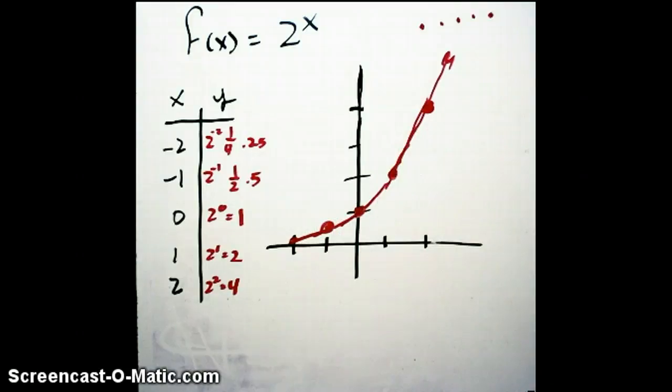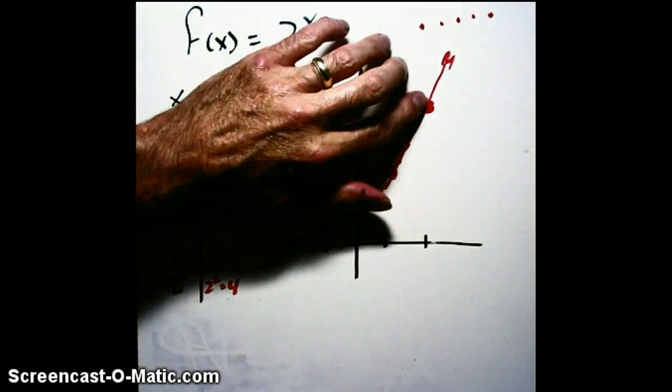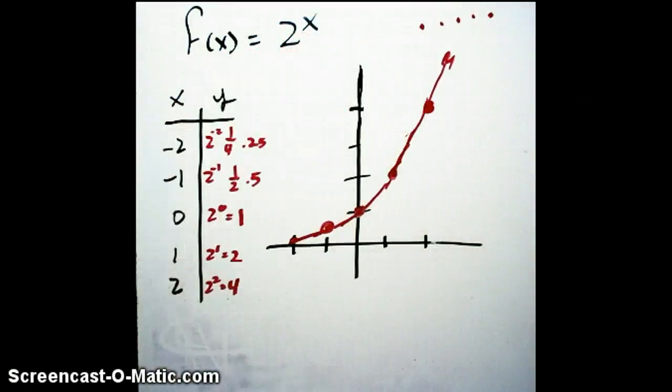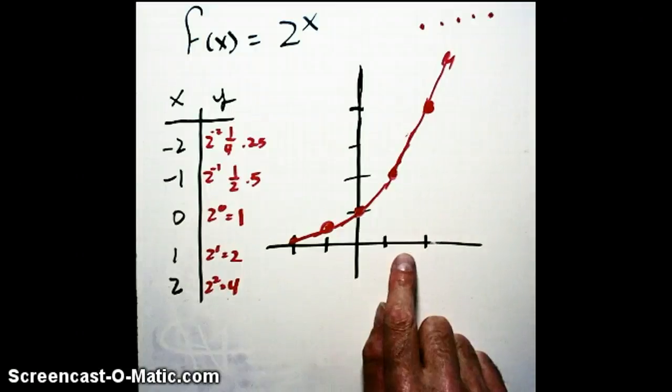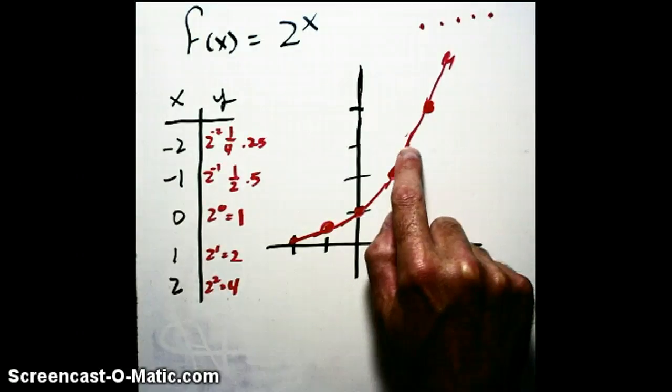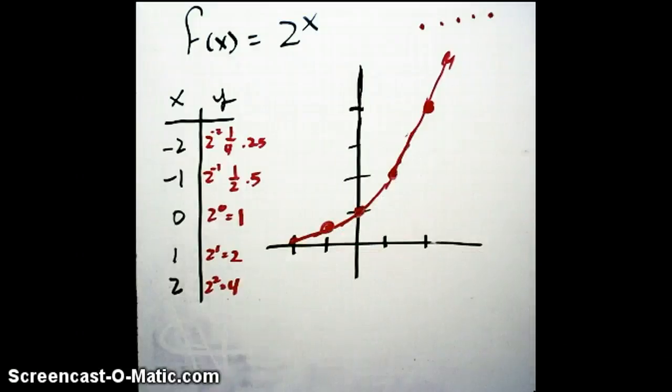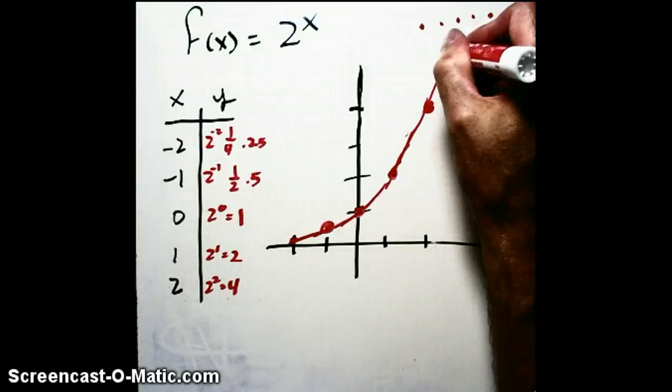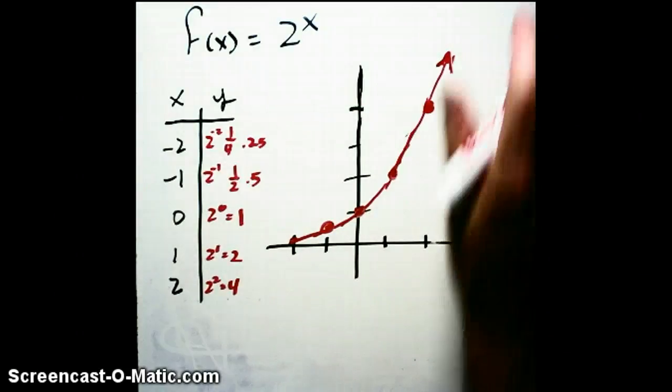So now the question is, can I find the values of these other domain values? 1.5. Well, yes, if I go up here to 1.5, it looks like it's about 3. Now you could take your calculator and verify that. This is the graph of the function y equals 2 to the x.